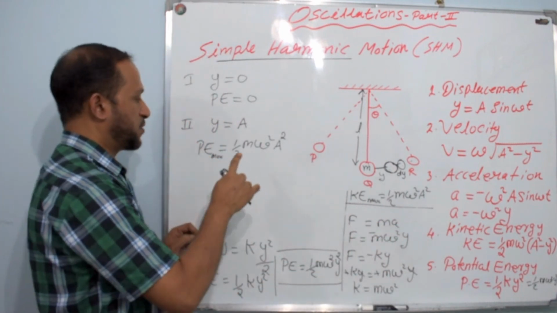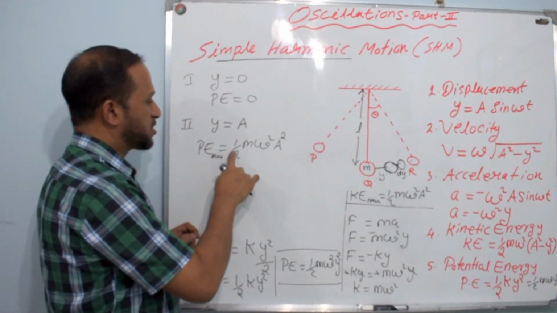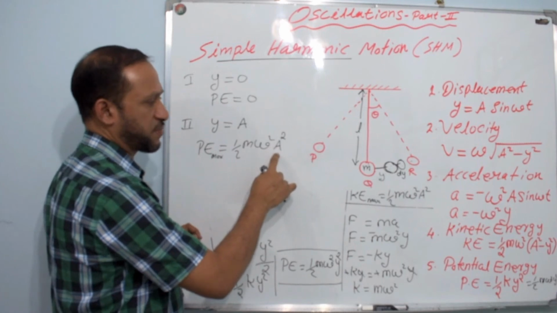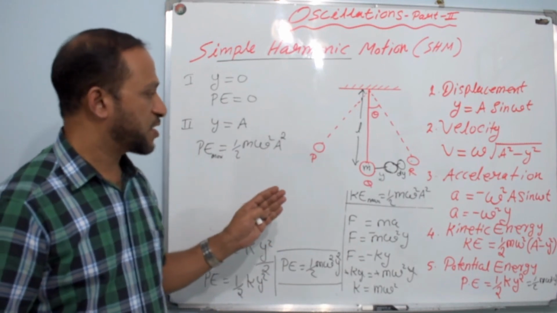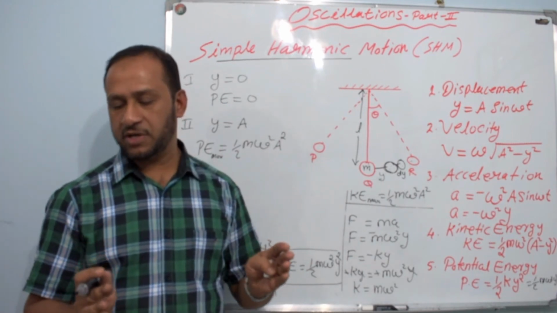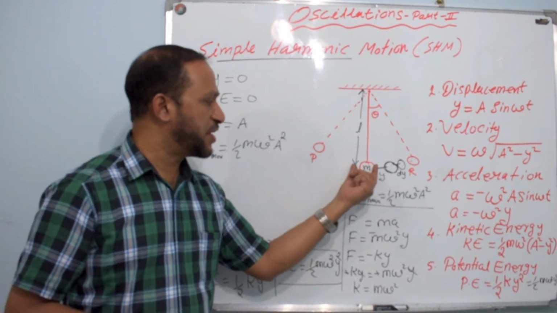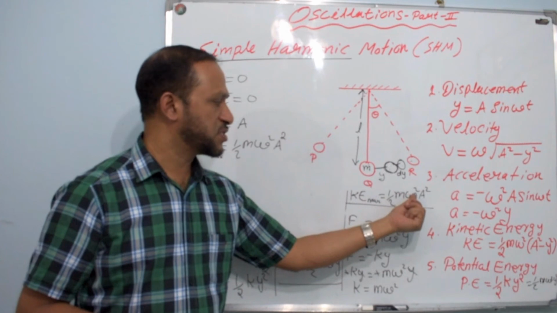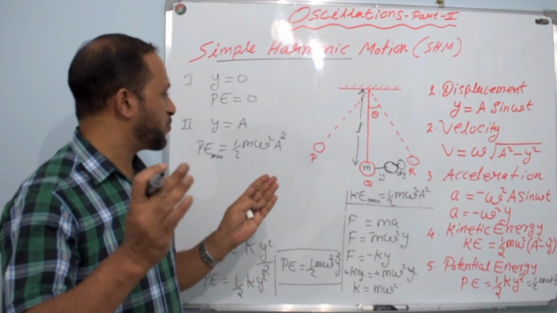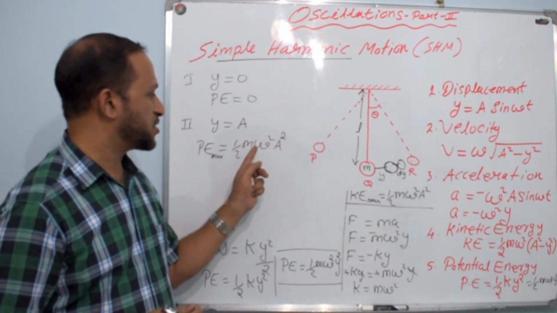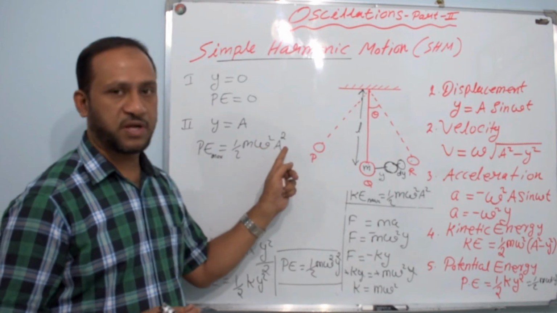At the extreme position, maximum potential energy is half m omega square a square. So we can see here, energy is neither created nor destroyed. At the mean position, it is completely kinetic energy, half m omega square a square. At the extreme position, it is completely potential energy, that also is half m omega square a square.